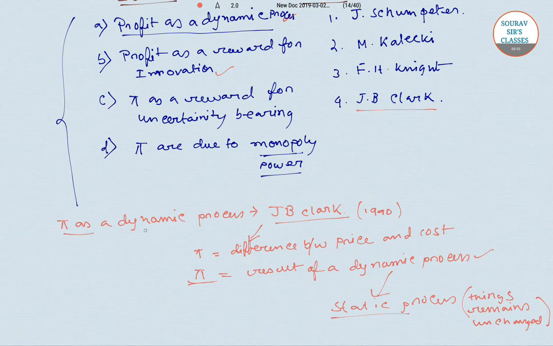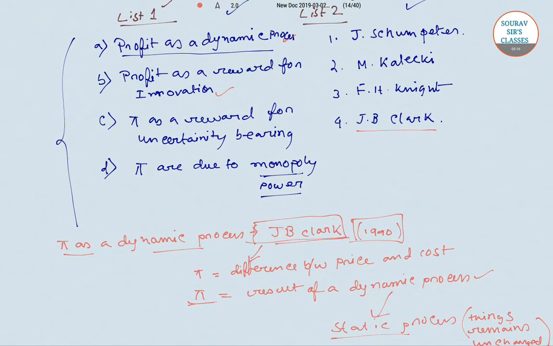So profit as a dynamic process was given by J.B. Clark in 1990. So for option A, the right answer would be J.B. Clark.